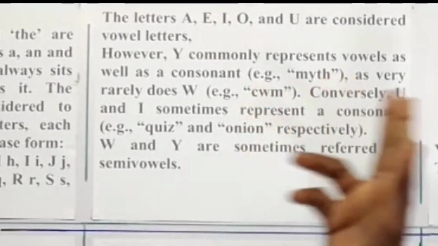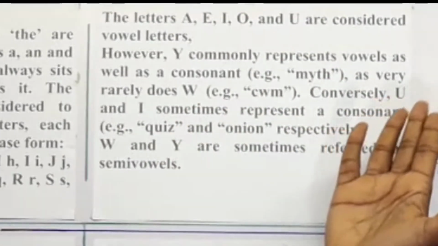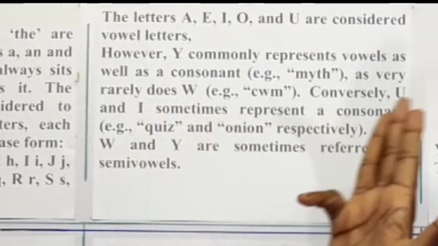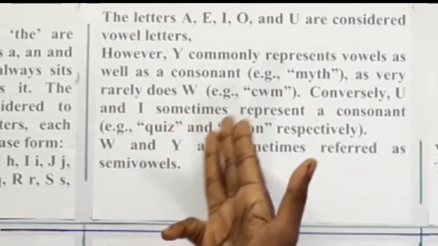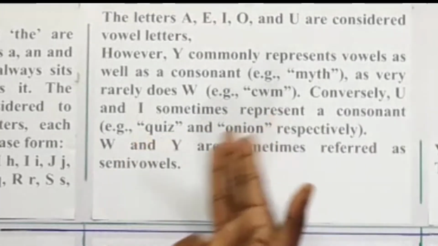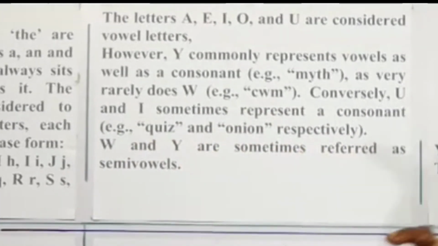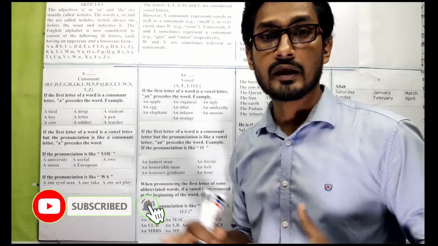Example: miss, as very rarely does W. Conversely, U and I sometimes represent a consonant. Example: quiz and onion respectively. W and Y are sometimes referred to as semi-vowels. So thank you everybody.